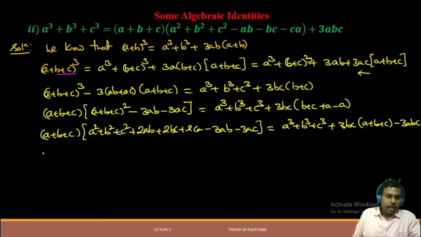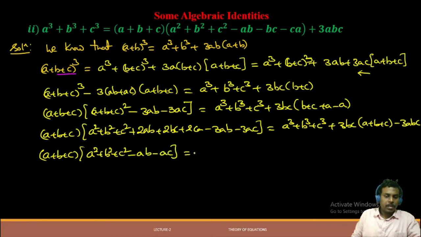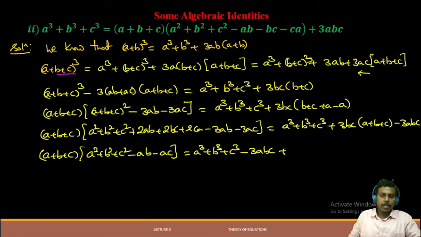Now the LHS term, if I simplify, this becomes a plus b plus c into a square plus b square plus c square plus 2ab minus 3ab, that is minus ab, minus ac, is equal to a cube plus b cube plus c cube minus 3abc plus 3bc into a plus b plus c.